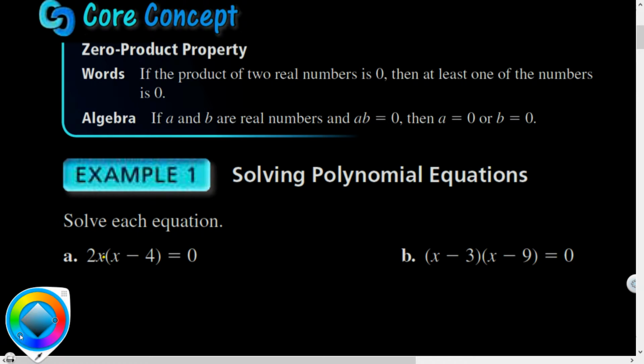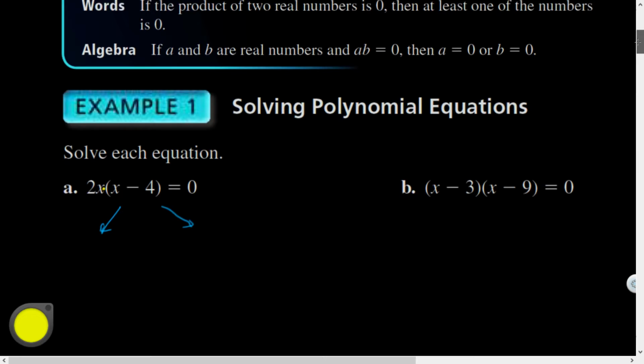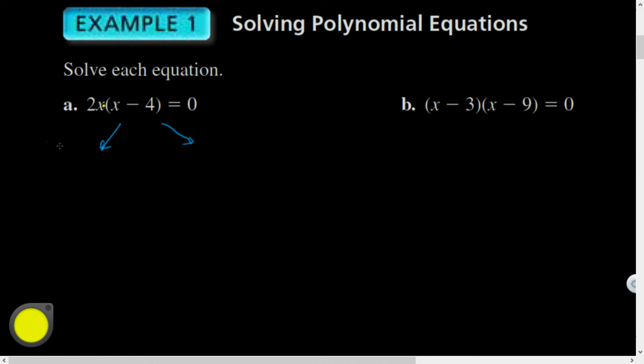Notice what I've got here. I have two things multiply to be 0, just like the zero product property. Therefore, there are two possible outcomes here. Either this 2x was equal to 0, or x minus 4 was equal to 0. And it's even possible that both of them were 0 at the same time.